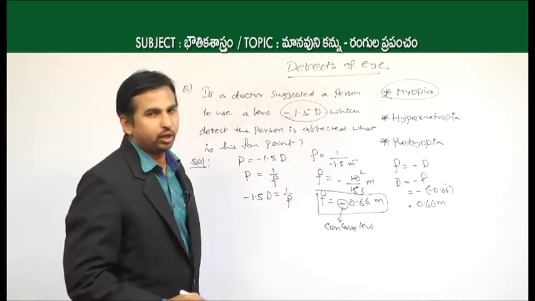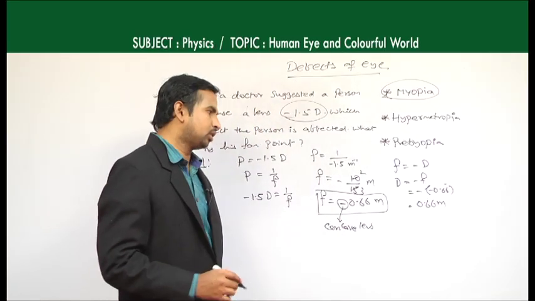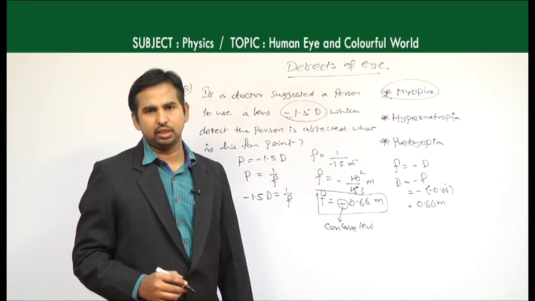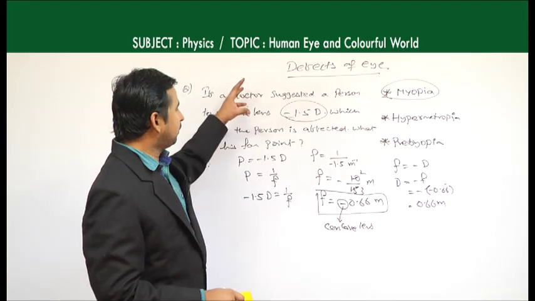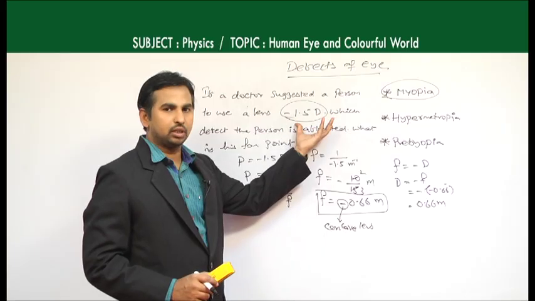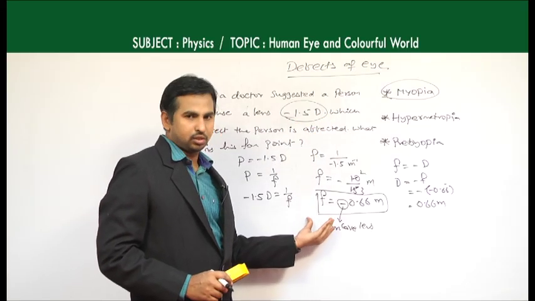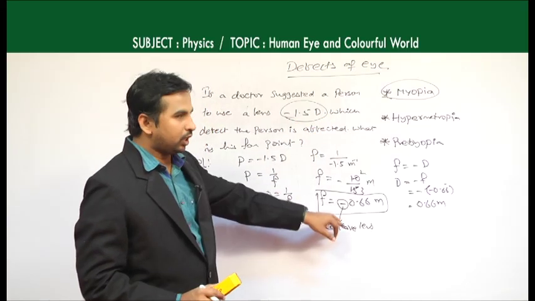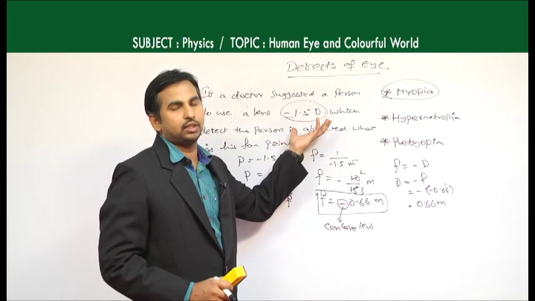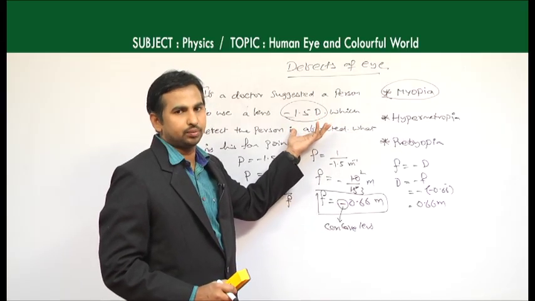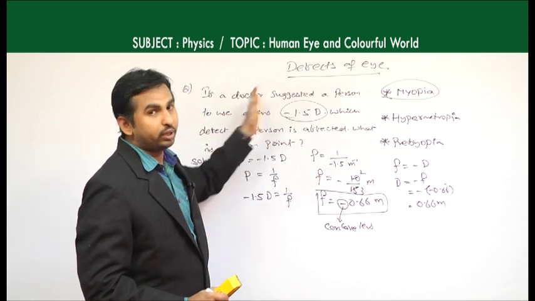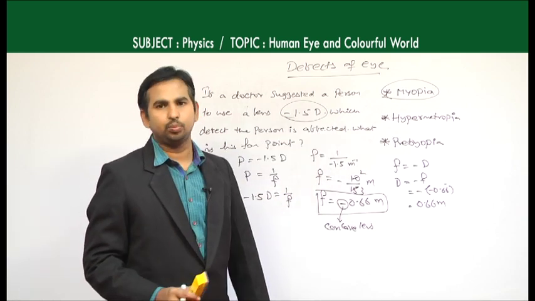Means the far point distance of the person is about 0.66 meters. Like this, they will ask different numericals. By giving the power, we can find the focal length suggested, and by using the focal length, we can also find the power of the lens recommended for that person. Like this, they are asking numerical type questions on myopia.